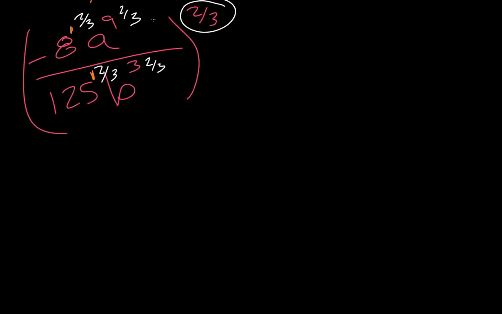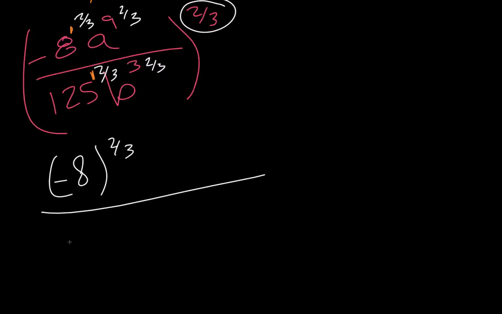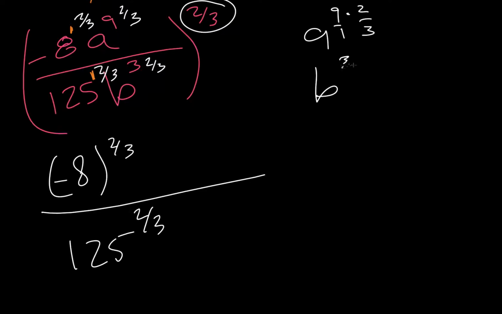So what we'll do, we have -8 to the 2/3, 125 to the 2/3, and then let's take these ones out here just a little bit. So we have 9 times 2 over 3, and then we also have b to the 3 times 2 over 3.